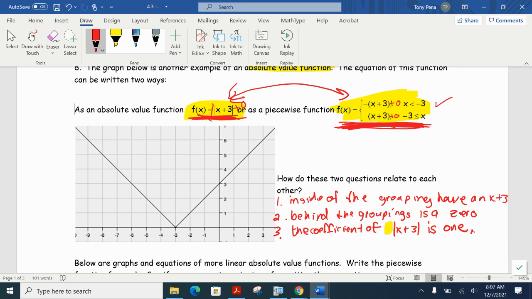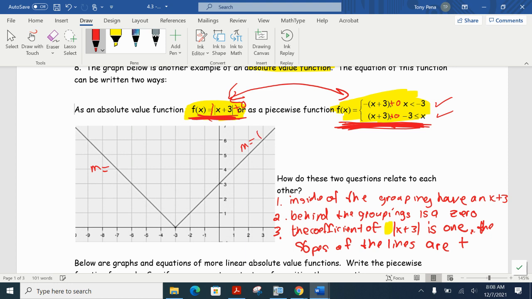Then, if we look at these two piecewise functions, these are the equations of these lines. If I now ask you the slope of this line and the slope of that line, we could count it off if we want. We could also just look at the numbers in front of our parentheses. The slopes of the lines are a positive 1.